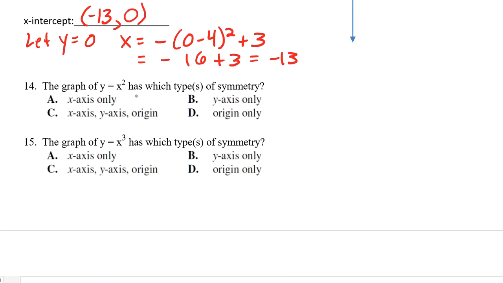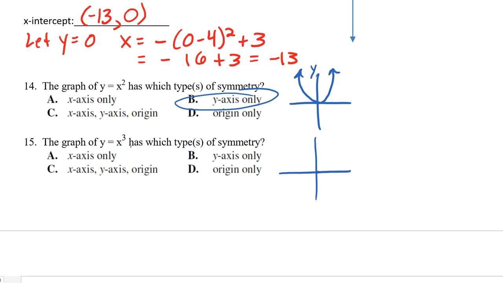All right, our graphs that we've been working on, we know that our basic parabola has symmetry to the y-axis. Our cubic function, we worked on this. We know that 2 cubed is 8, if you've forgotten, and we know that -2 cubed is -8. And we know that 1 cubed is 1, and -1 cubed is -1.